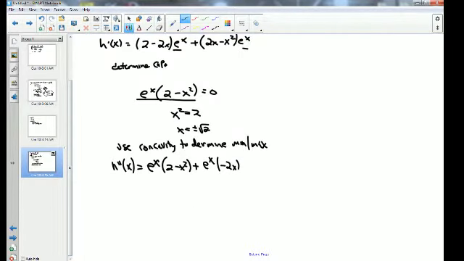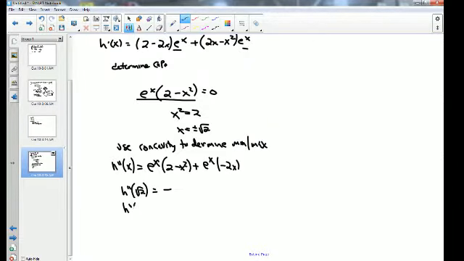Now plug critical points in. If I plug root 2 in, do I get a positive or negative? That's all I care about. It's a negative, because that makes it negative, right?